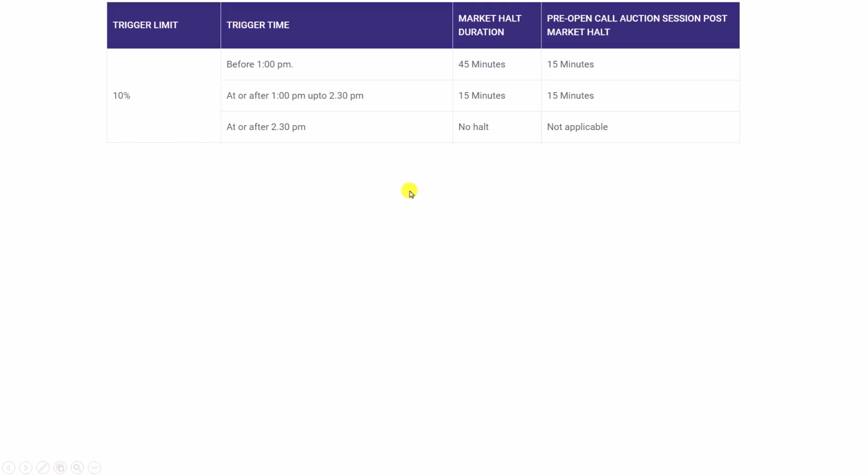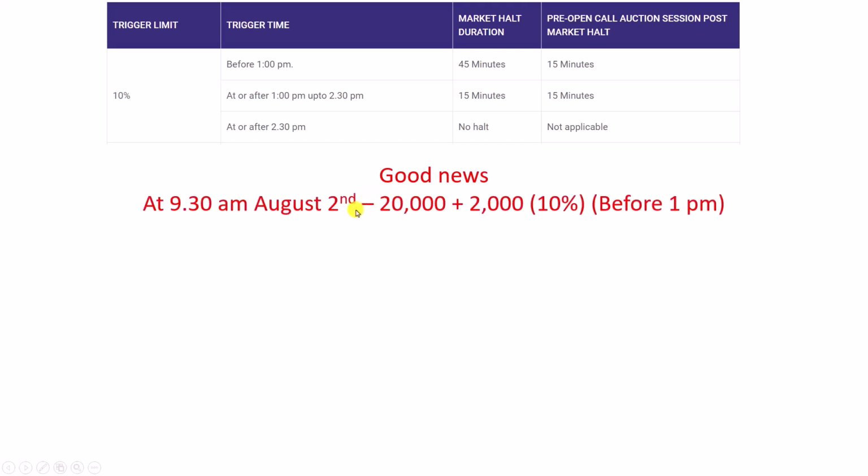Alright. Now, the market opens at 9:15 for retail traders. Alright. Let us say that there is a very good news. And due to that good news, let us say that at 9:30 a.m., the Nifty index hit the upper circuit.